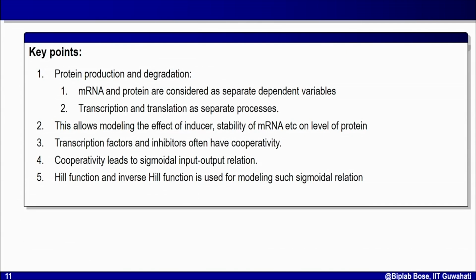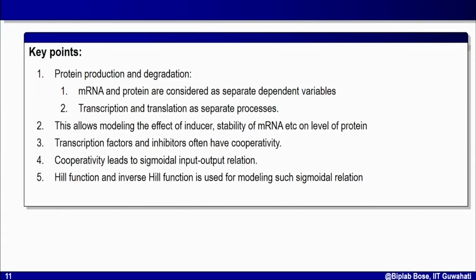So if I jot down what we have discussed in this module: for protein production and degradation, usually we may not consider transcription and translation separately, I may club them together in a single process. But sometimes we have to consider them as separate processes, and in those cases I have to consider mRNA and protein as separate dependent variables.